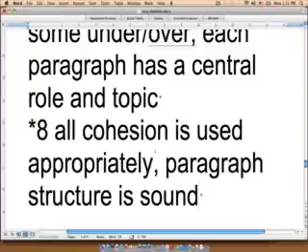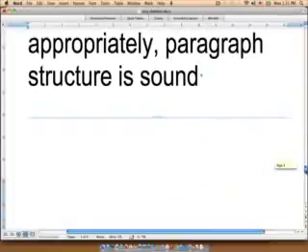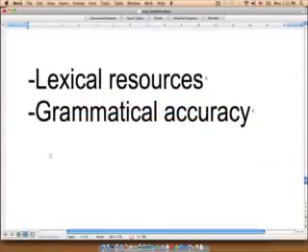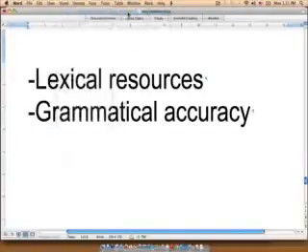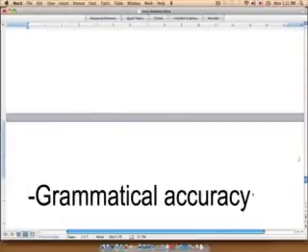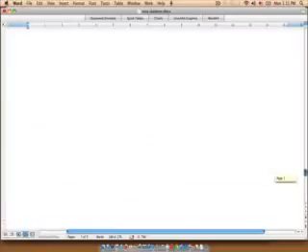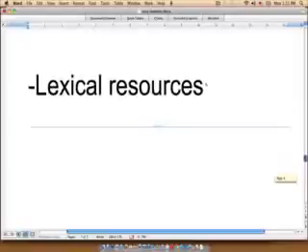Okay, now that's all that I have to say about coherence and cohesion. Now let's carry on to lexical resources. Okay, lexical resources.